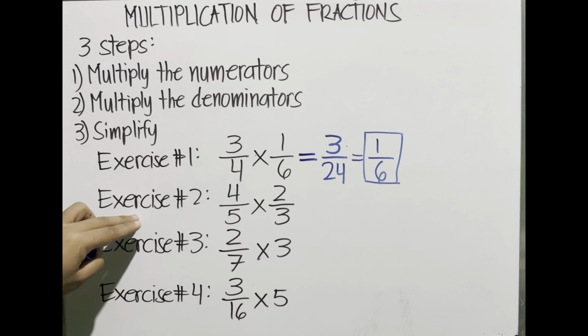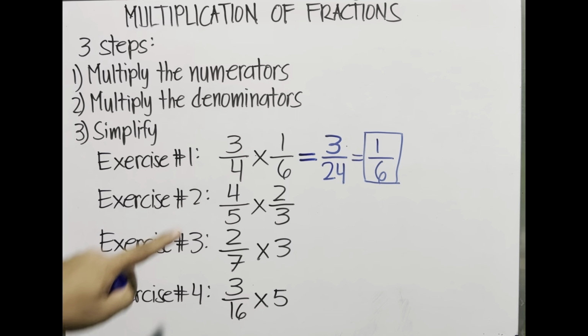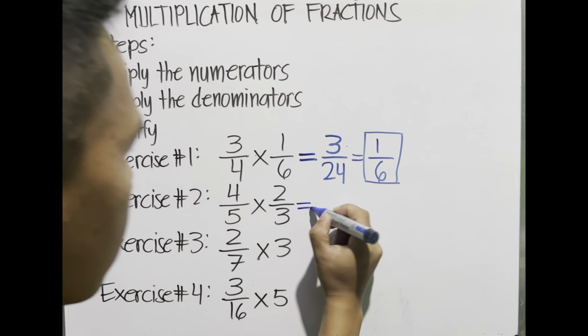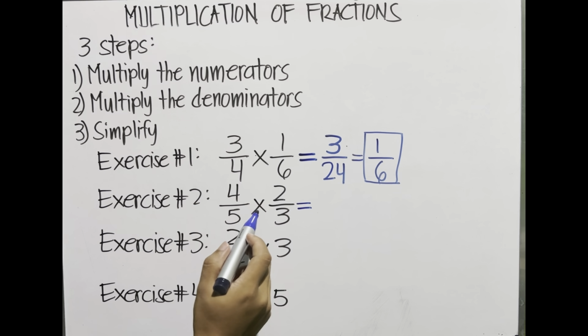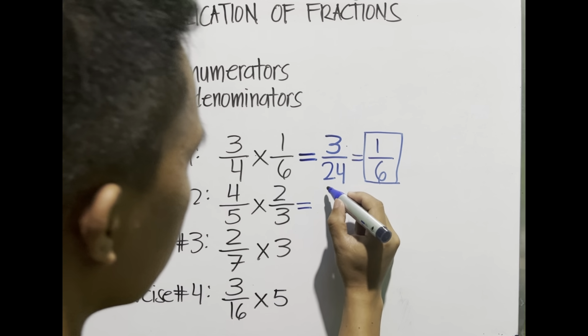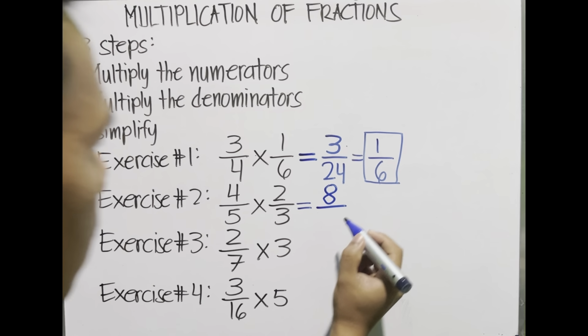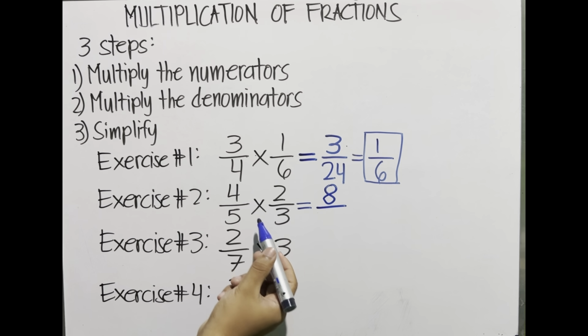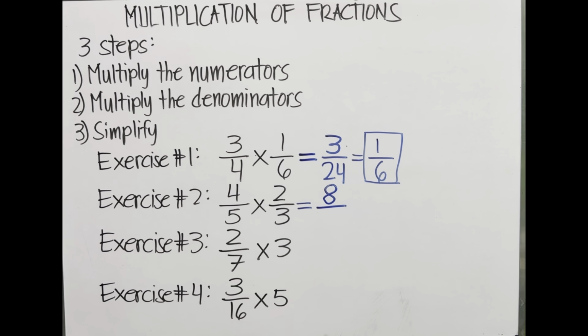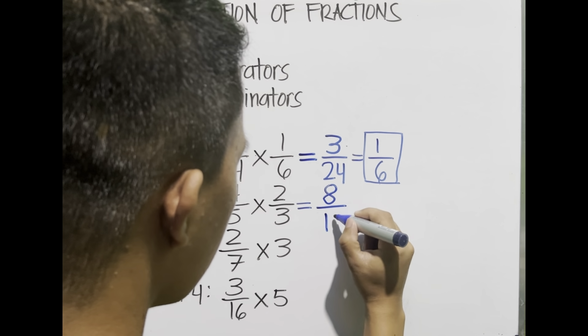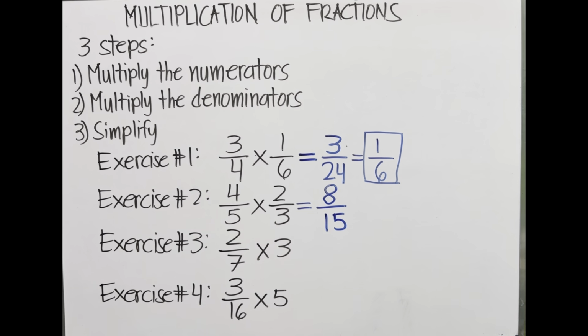So, exercise number 2. Again, both numerators, multiply lang natin. 4 times 2, that is 8. Over 5 times 3, 15. Yan.